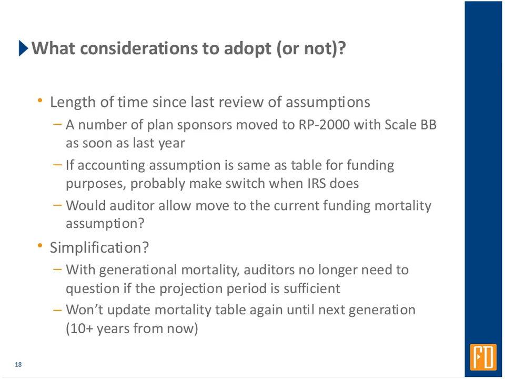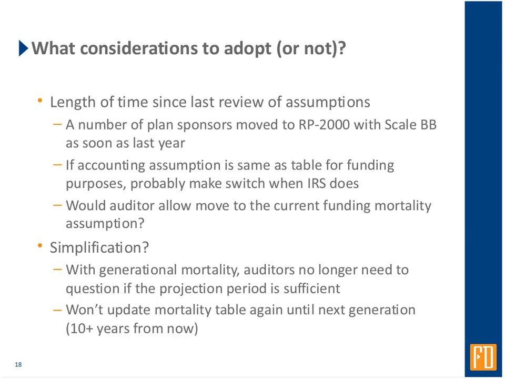It also creates a question of, if you're not doing that right now, would the auditor allow you to move to the current funding mortality assumption? From that aspect, it does simplify things that you're using a consistent mortality basis across all of your liability determinations.